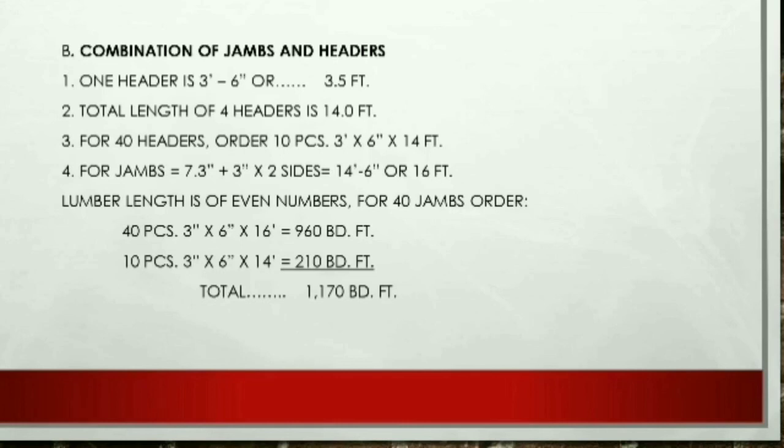Order 14 feet 6 inches or 16 feet. So the lumber length is of even numbers. For 40 jambs, order 40 pieces 3 by 6 by 16, which is 960 board feet, and 10 pieces of 3 by 6 by 14, which is 210 board feet. So the total would be 1170 board feet.